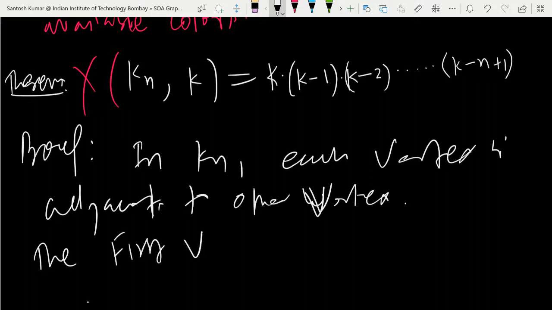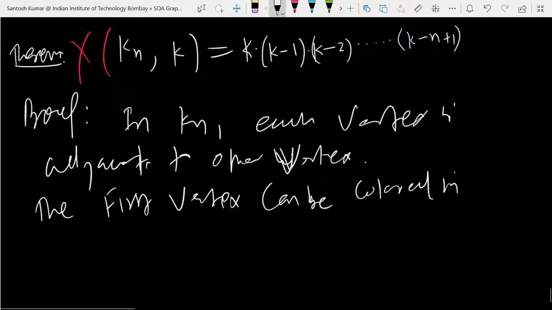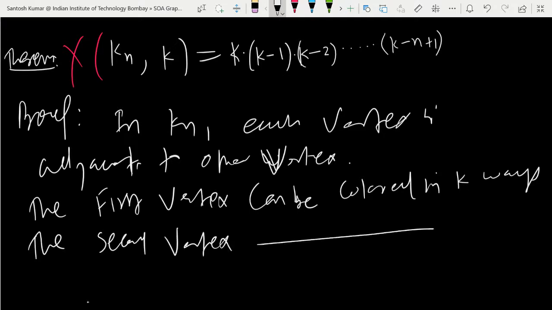first vertex can be colored in k ways, because you have k colors. The second vertex can be colored in k minus 1 ways because it is adjacent to the first one, and you know the rule of proper coloring: adjacent vertices must have different colors.